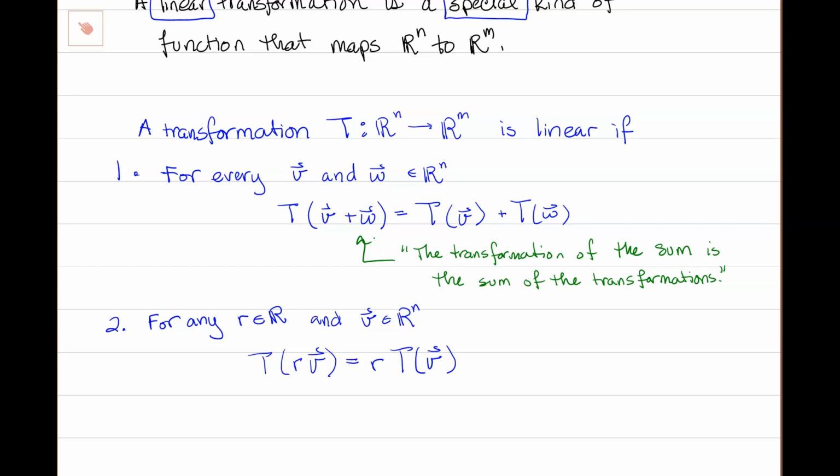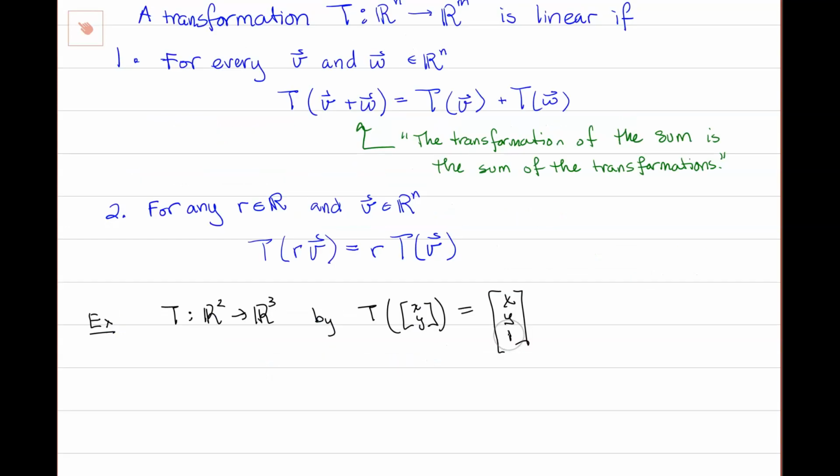Let's have a look at some transformations and see if we can tell if they're linear or not. Okay, so here's an example where we have a transformation T that is mapping from the domain R2, so taking two-dimensional vectors, and it's mapping them into three-dimensional vectors, right? So it's taking an input of a two-dimensional vector and mapping it to a three-dimensional vector by this algorithm.